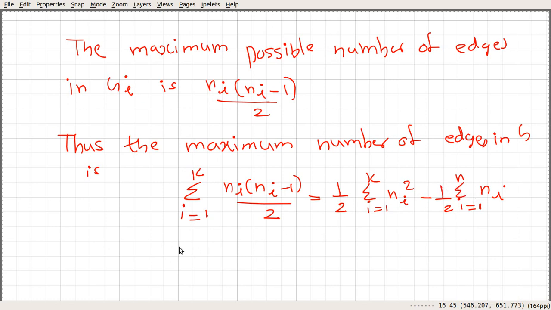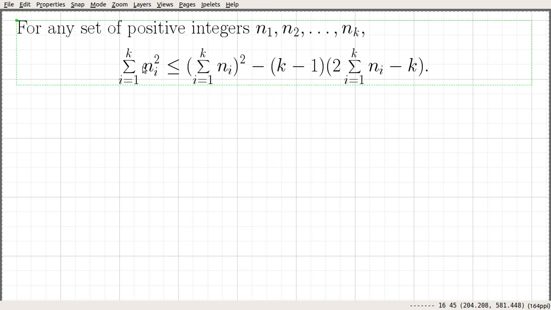So next we are going to use an inequality to come up with this bound. Anyway, we will prove this after completing the proof for the previous statement.